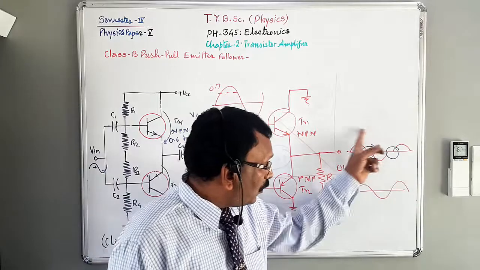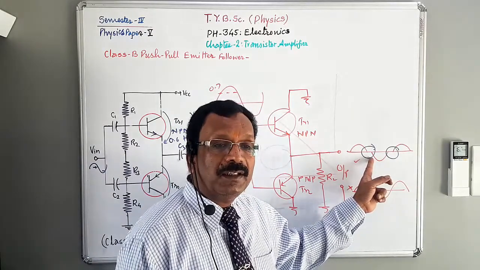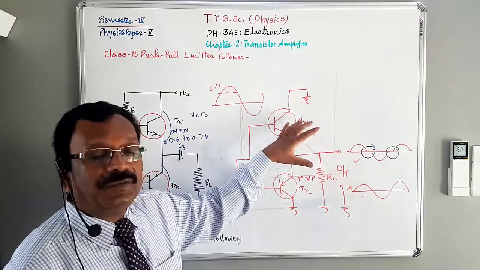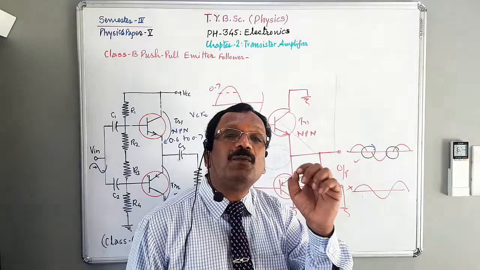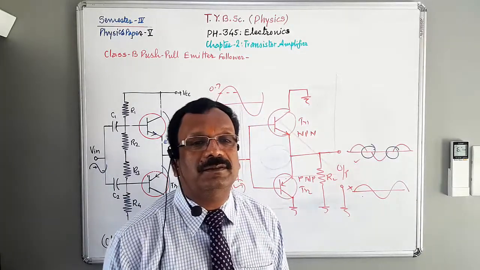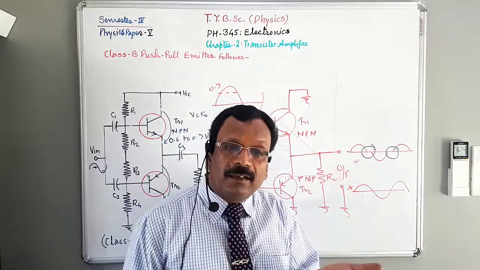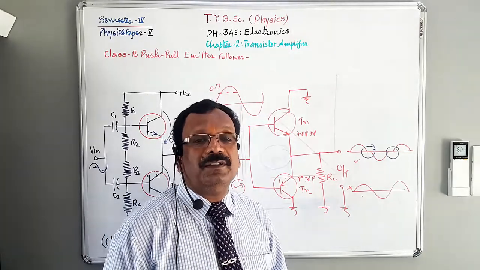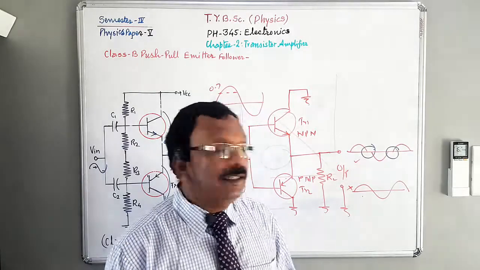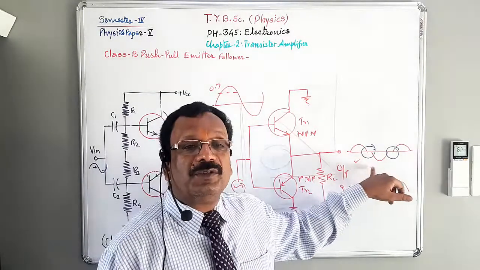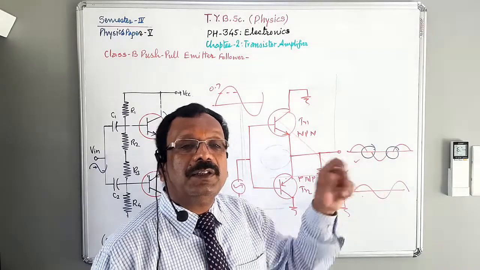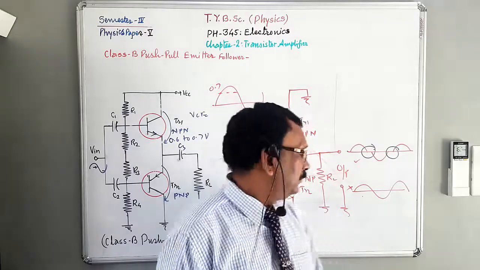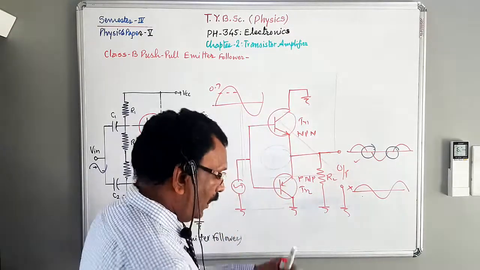To eliminate this crossover distortion, so that the output looks like this, the quiescent point of each transistor should be slightly above the cutoff point. In order to eliminate this crossover distortion, the quiescent point is taken slightly above the cutoff, and that will look like this.